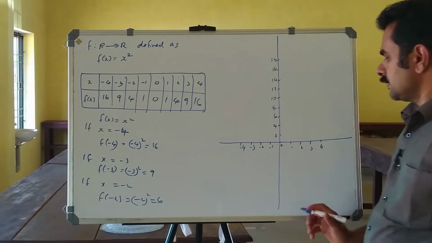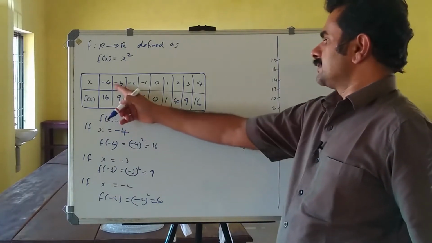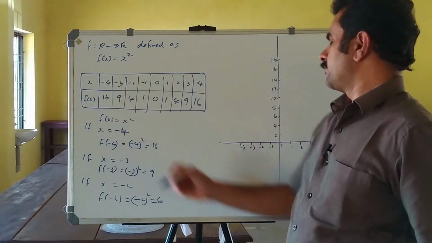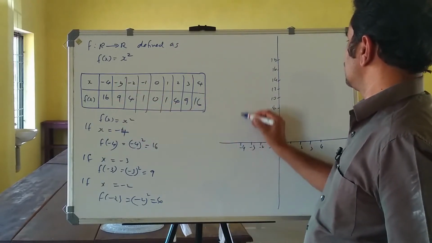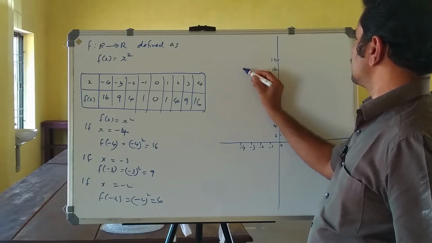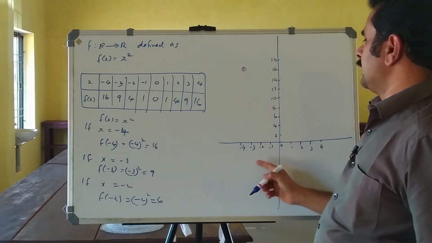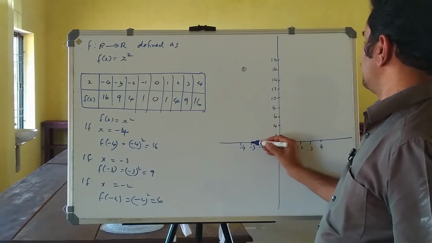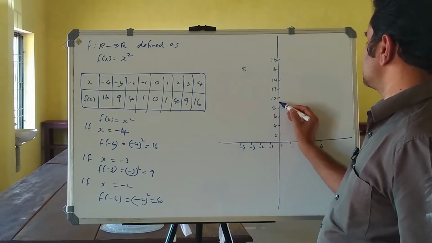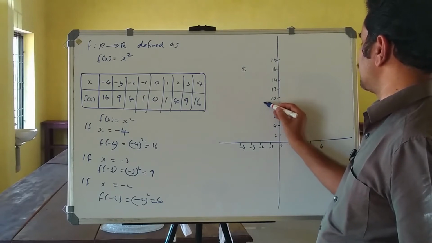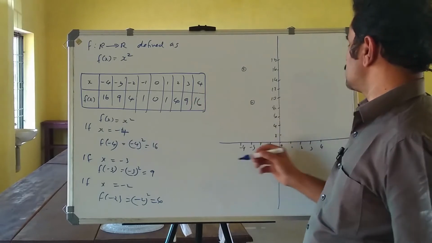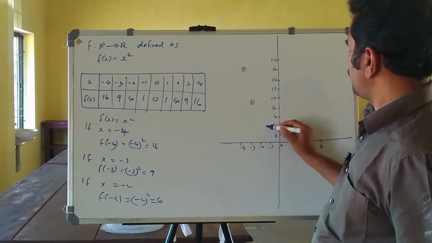Okay. Then, if x is equal to minus 4, then f of x equal to 16. X is equal to minus 3, that is 9. Minus 3, 9 means here between 8 and 10, 9. Minus 2, 4.